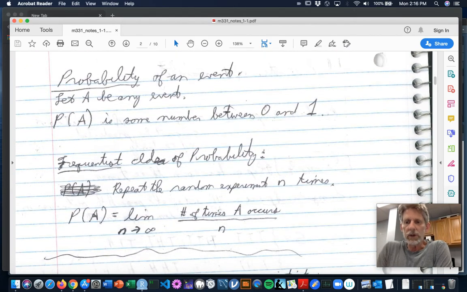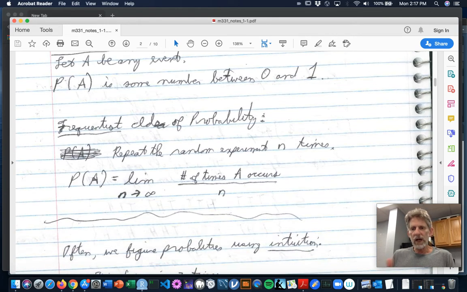Okay, next important concept is the probability of an event. So let A be any event at all associated with some random experiment. The probability of A, which we write P with A in parentheses, is going to be some number anywhere from 0 to 1.